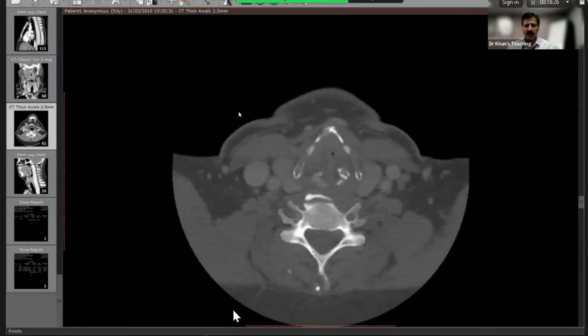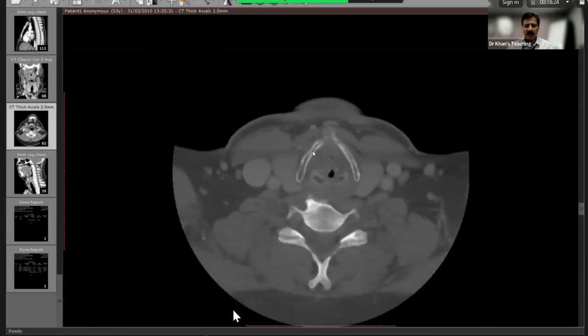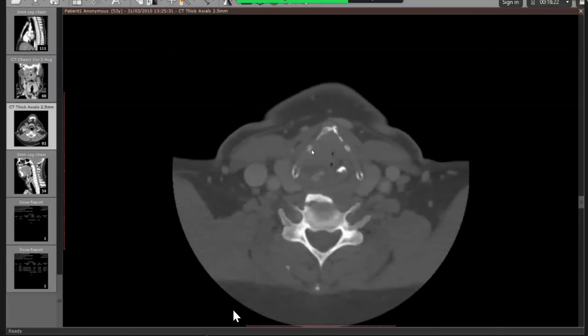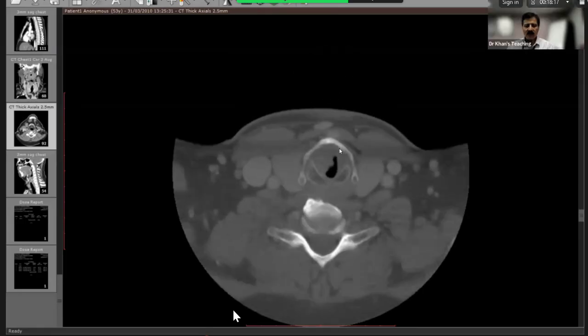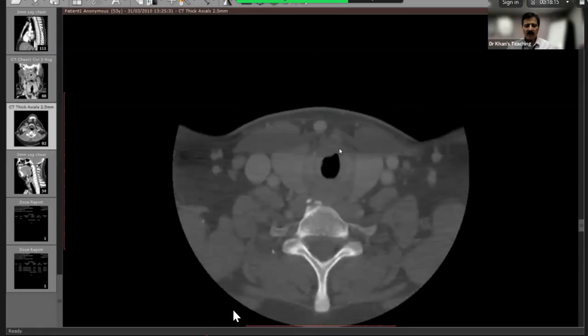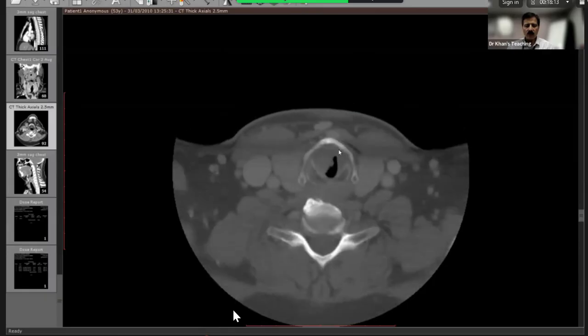What do you think is happening here, for example? Yeah, there are some fine erosions seen. So if it is ossified, ask for a bone window also.